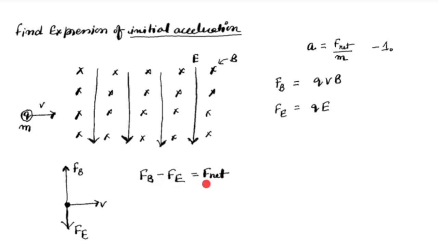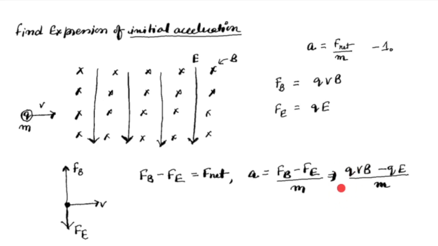Now our problem is almost solved. We can go back to calculating acceleration. The acceleration will be FB minus FE divided by m. Now let me put in the values. It is qvB divided by m minus qE divided by m.